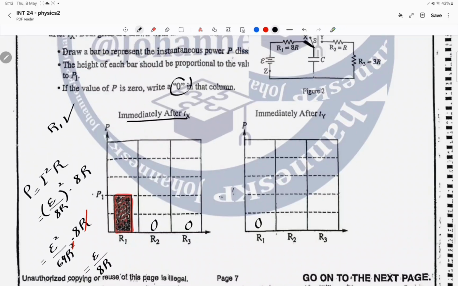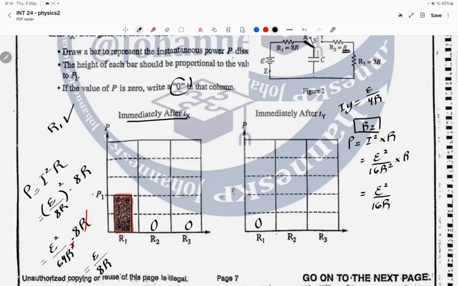Okay. And now here we said that the I at Y was equal to EMF over 4R. So let's talk about R2. We're going to say power is equal to I squared times R. And so EMF squared over 16R squared times R, and R2 is just an R. We'll get EMF squared over 16R.